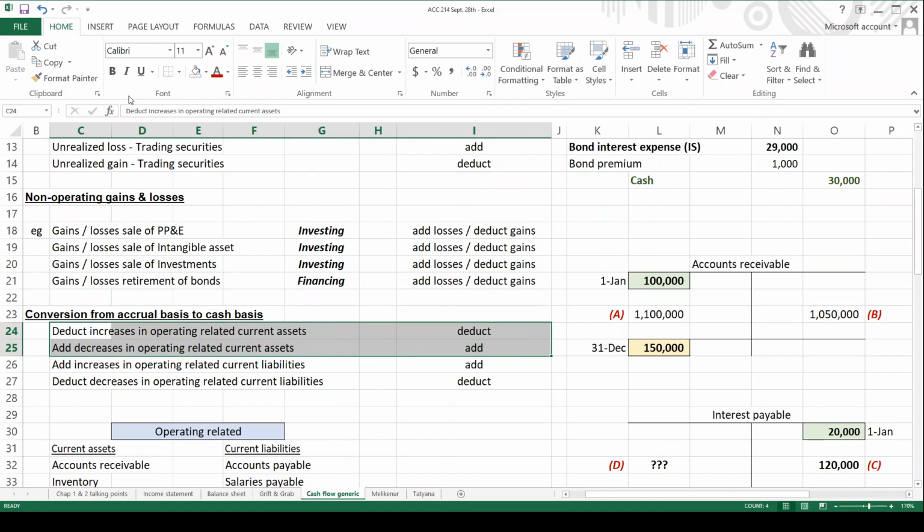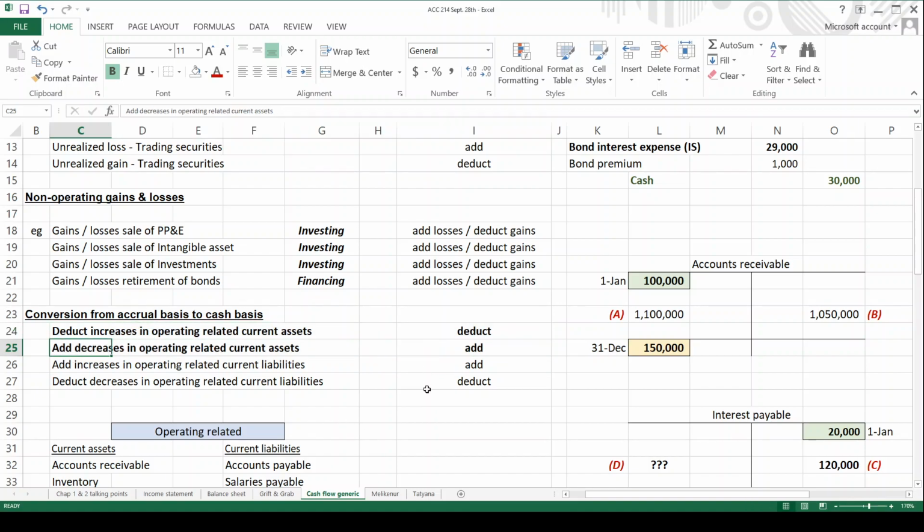So if you have an increase in a current asset related to operating activities, you're going to deduct the increase. So I always tell students, the way to remember this is the opposite direction for a current asset.